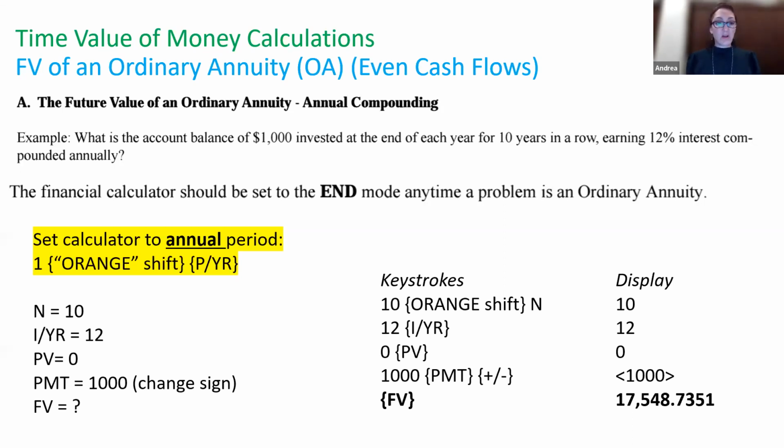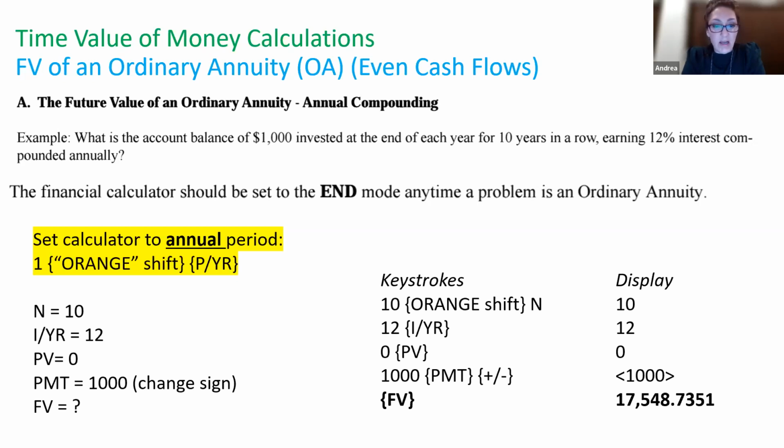What is the account balance of $1,000 invested at the end of each year for 10 years in a row, earning 12% compounded annually? The question will generally tell you if it's beginning or ending, and then it'll tell you the period of time.